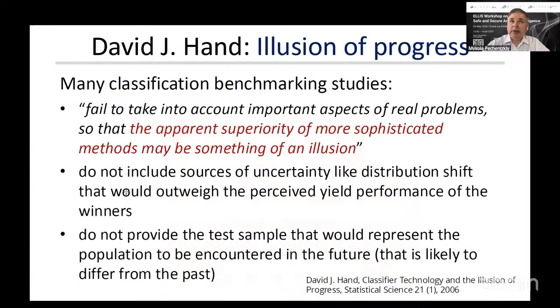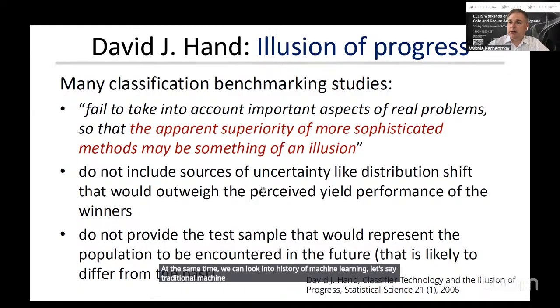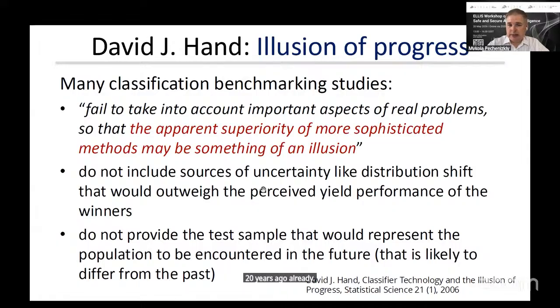At the same time, we can look into history of machine learning, let's say traditional machine learning, which illustrates that quite often after 5 years, 10 years of development, there would be a milestone paper that will question progress in that area. So for instance, David Hand published, in my opinion, a quite important milestone paper 20 years ago already, that would illustrate that lots of seemingly great ideas, sophisticated methods didn't perform much better than naive approaches.